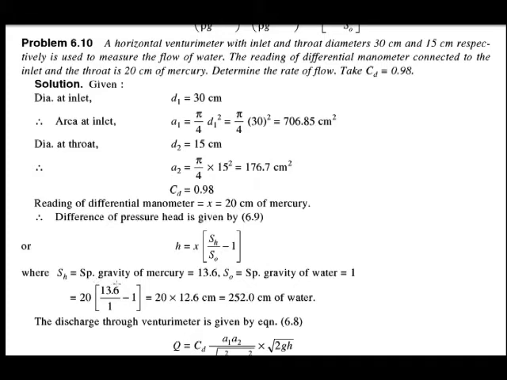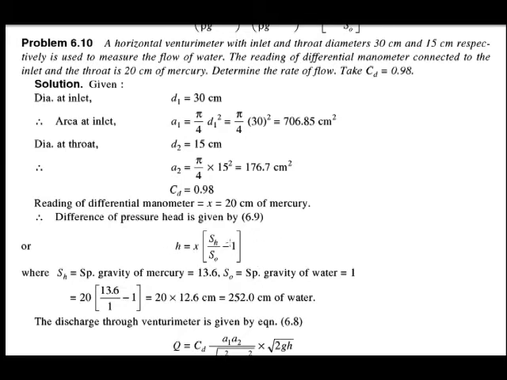The specific gravity of mercury is 13.6 and the specific gravity of water is 1.